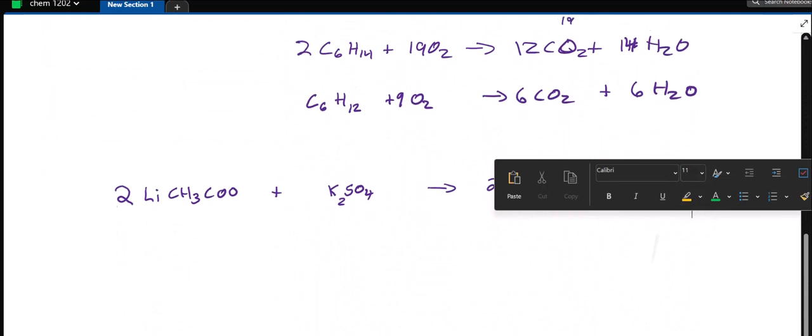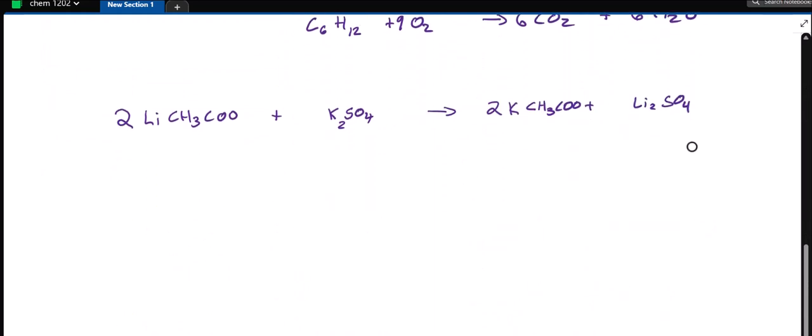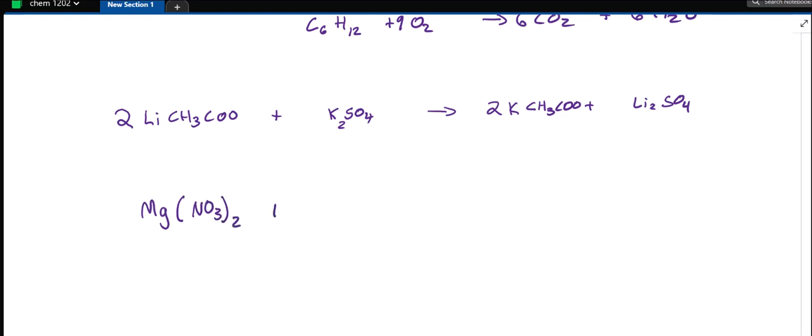Okay, now when I have subscripts, let's say I had magnesium nitrate plus potassium hydroxide yields magnesium hydroxide plus potassium nitrate.